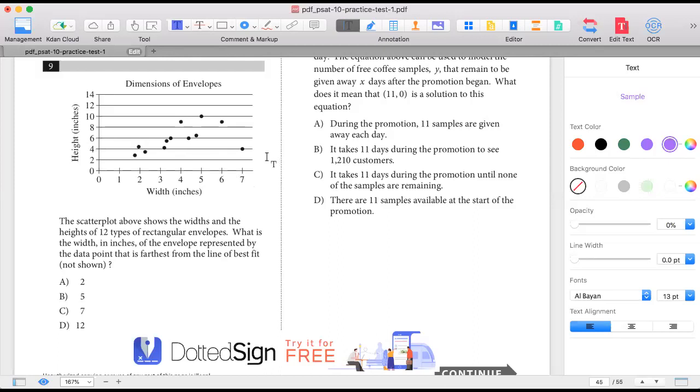So the data point that is farthest from the line of best fit is located at 7 and 4, which means this point represents a type of envelope that is 7 inches wide and 4 inches high. So since it is 7 inches wide, letter C will be the correct answer.